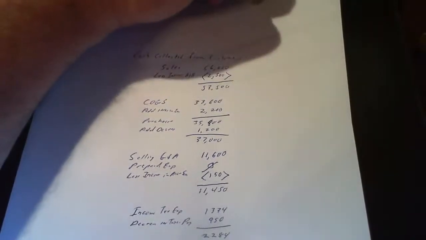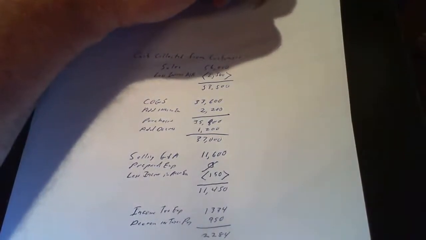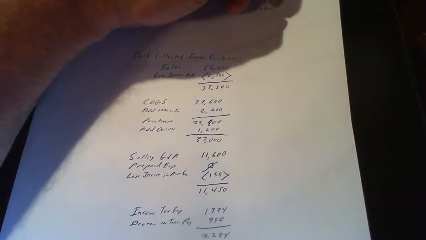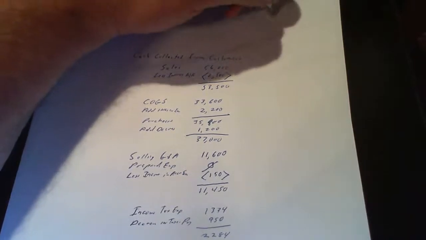Add that together, we get 2,284. And so taxes paid, $2,284. That will be a negative.